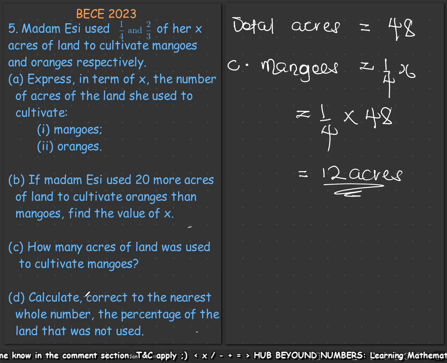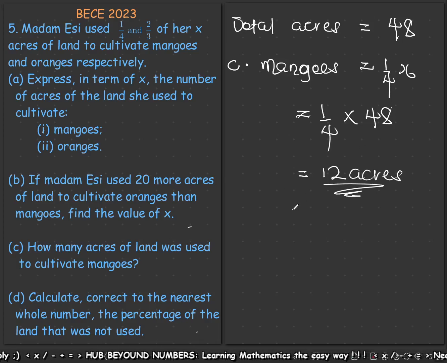Then the last question says we have to calculate, correct to the nearest whole number, the percentage of land that was not used. To get the percentage of land that was not used, we need to get the area of land, that is in acres, that wasn't used.